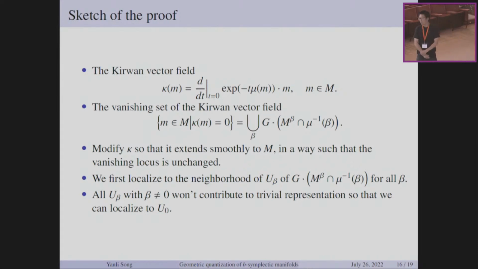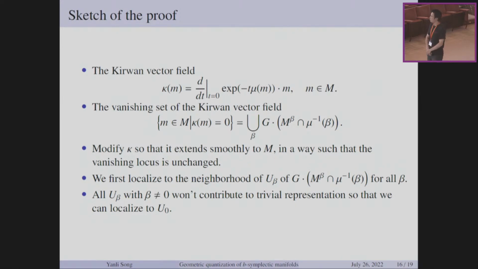And then, because the quantization is defined as the index of the operator, we have all the techniques and results from index theory, so we have some localization. You can always localize to a neighborhood of every vanishing set. For every beta, you can associate a neighborhood U beta. You first localize to the neighborhood, and then, by some work, you show that the U beta with beta non-zero won't contribute to the trivial representation.